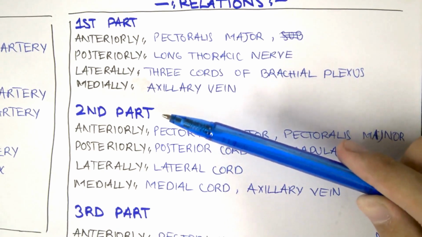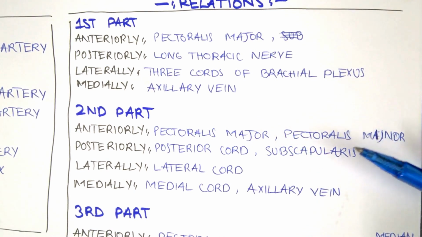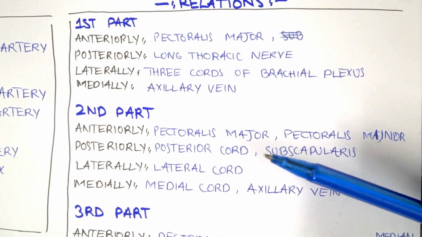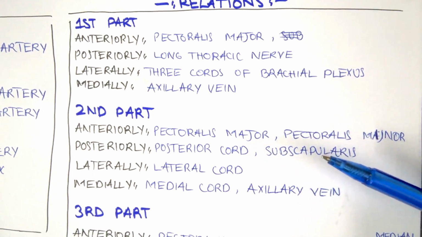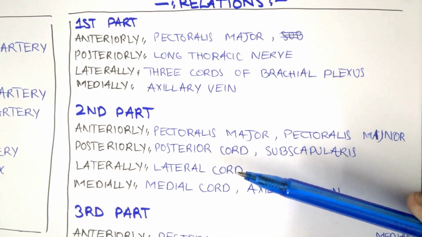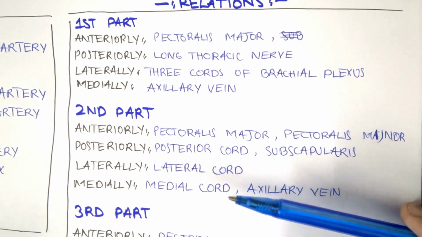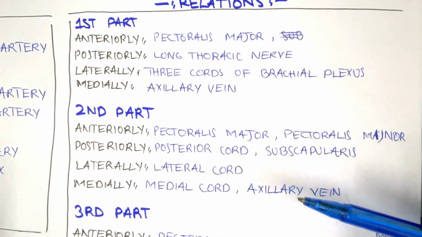Now in the second part, anteriorly there is the pectoralis major and the pectoralis minor. Posteriorly there is the posterior cord and the subscapularis. Laterally there is the lateral cord of the brachial plexus. Medially there is the medial cord and the axillary vein.